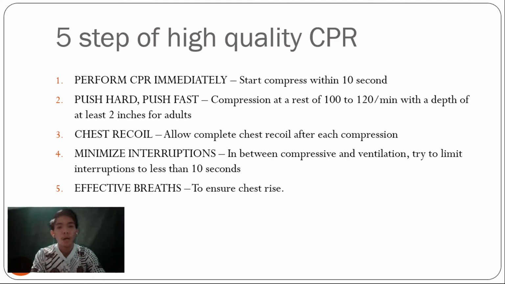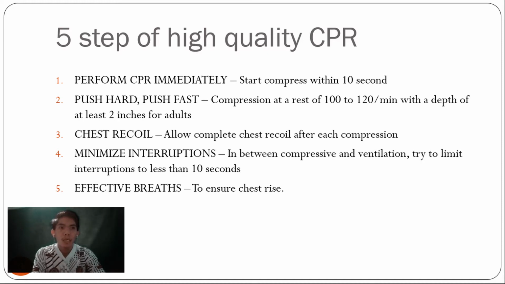Five steps of high quality CPR. First, perform CPR immediately. In the first step, we can start compression within 10 seconds, and then we go to push hard and push fast. Compression is at a rate of 100 to 120 per minute with a depth of at least 2 inches for adults.